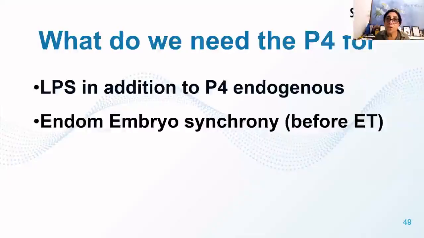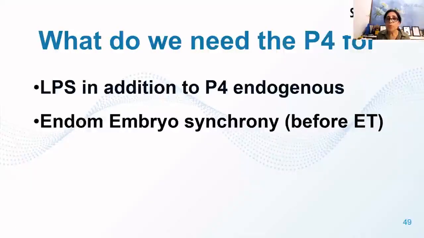So if we are not sure or we want to make it very foolproof, then we can start the progesterone on the presumed time of the ovulation so that at the time of the transfer, we have a 100% endometrial embryo synchrony before the frozen embryo transfer.